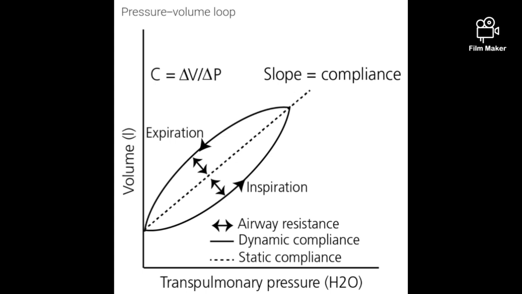Thus, in disease conditions like asthma, which is characterized by bronchospasm, particular difficulty is experienced during expiration. This is also expressed in emphysema to a certain extent.